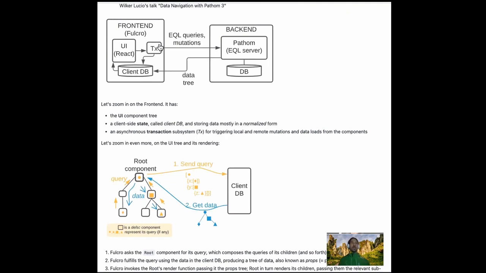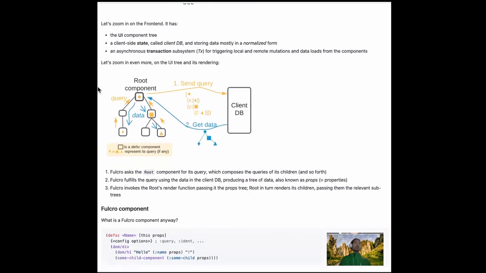And finally, there's this asynchronous transaction subsystem, which is used from the UI code to trigger local and remote mutations, changes, data loads. And if we zoom into this part, how the data is combined with the front-end code to actually produce the UI that we see.